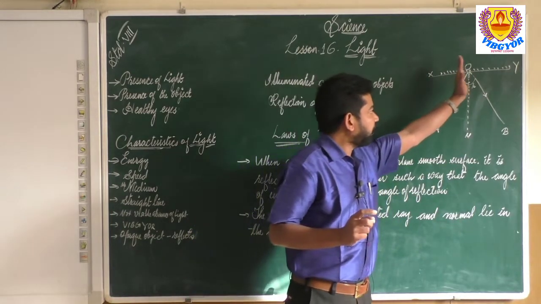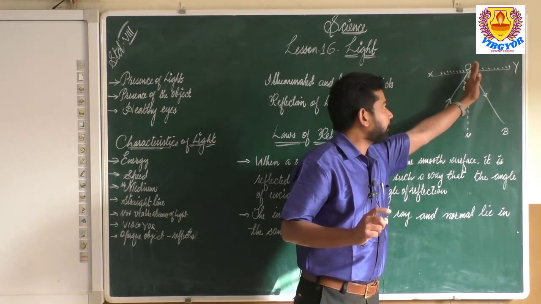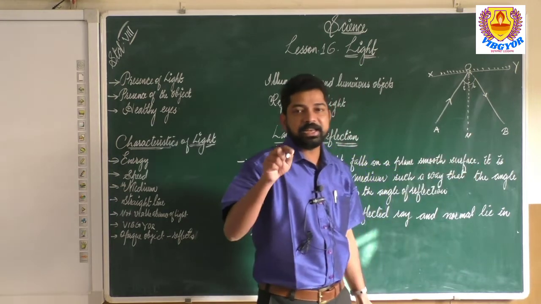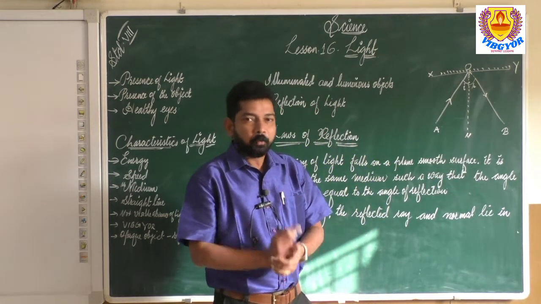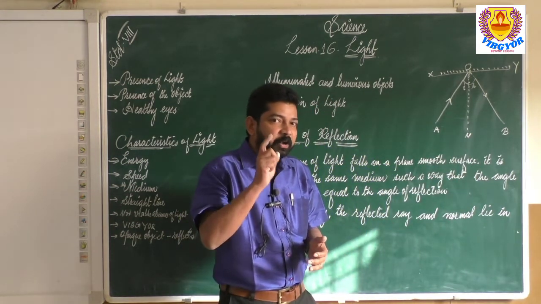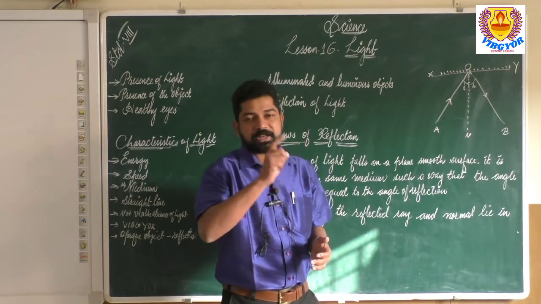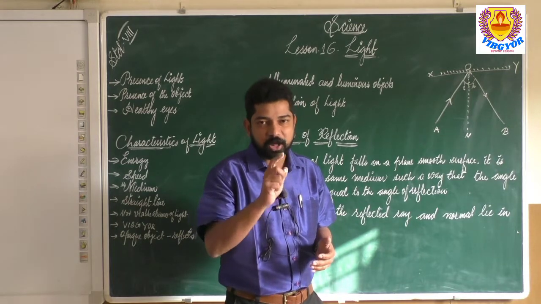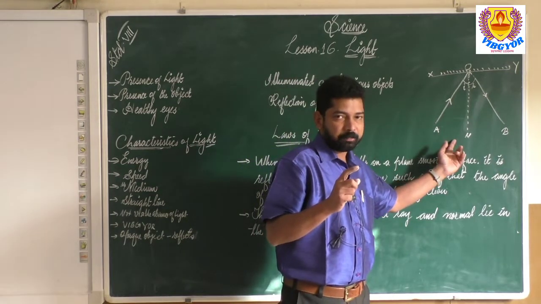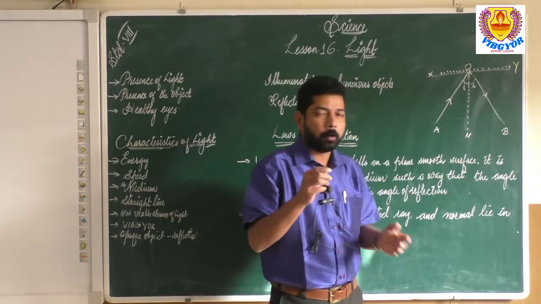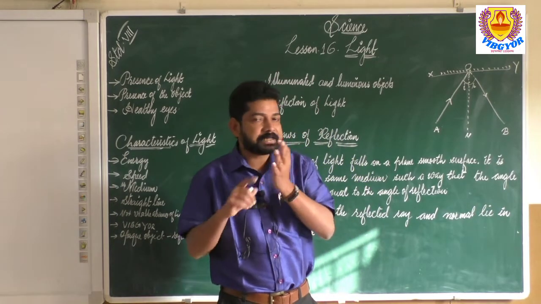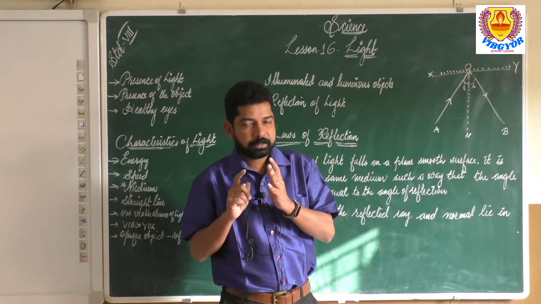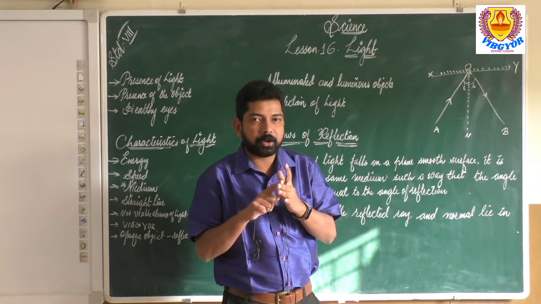What is the name of the line we draw perpendicular to the reflecting surface from the point of incidence? Normal. So till now we have learned three lines: incident ray, reflected ray and normal.